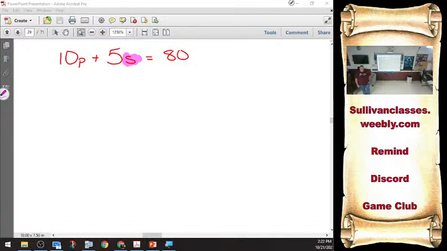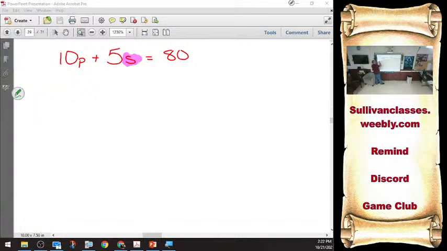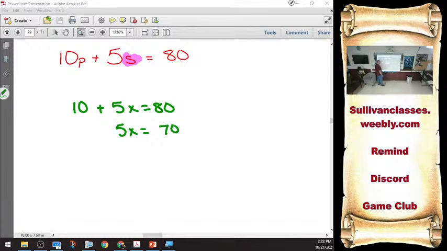The 5 and the P. So solving this is no different. What if I just said 10 plus 5x equals 80? What would you do? You'd subtract 10. And then?